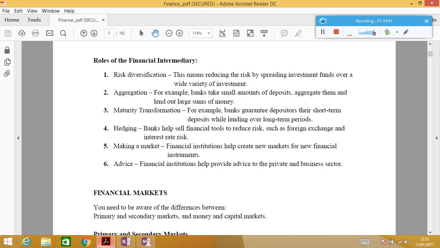Who will learn this? If you did the ACCA, the professional degree, then you will learn it. Or you go for a master in finance. There you will learn. Okay?